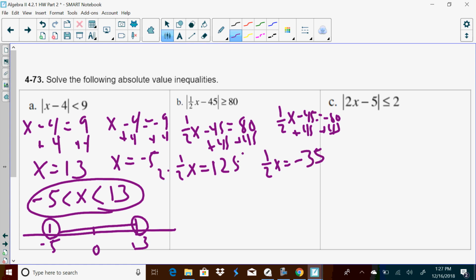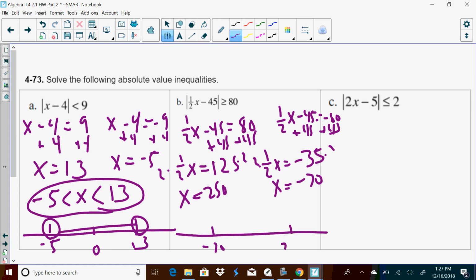Multiply by 2, x equals 250, x equals -70, so those are my boundary points. They're closed circles. Test 0. So I get -45. So that is not greater than, so then I know that my lines are going to go this way. So then x is less than or equal to -70, or x is greater than or equal to 250.